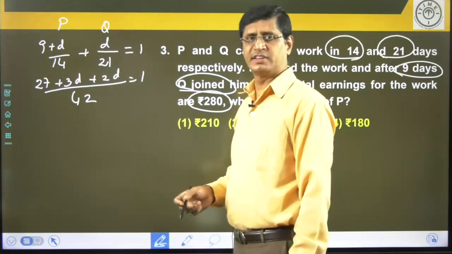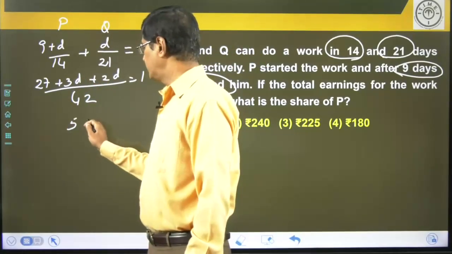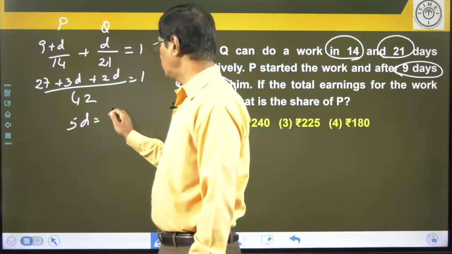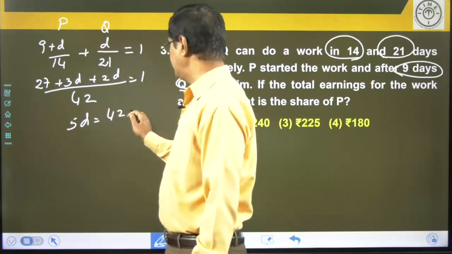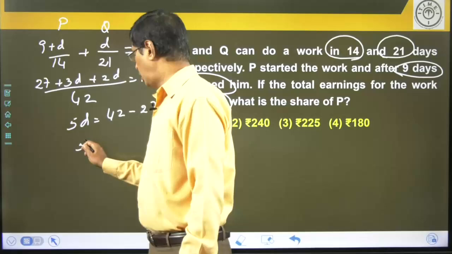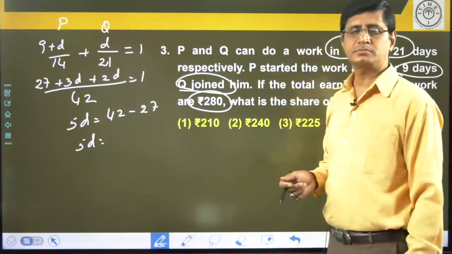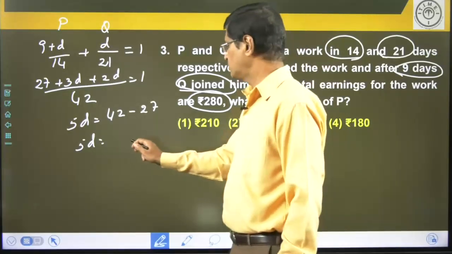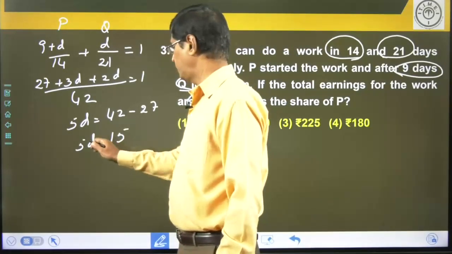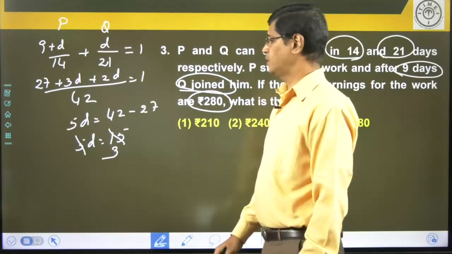By taking numbers on one side and variables on the other side, 2D plus 3D, that is 5D, is equal to 42 minus 27. How much is the value of 5D? It is 15. The number of days D is 3.